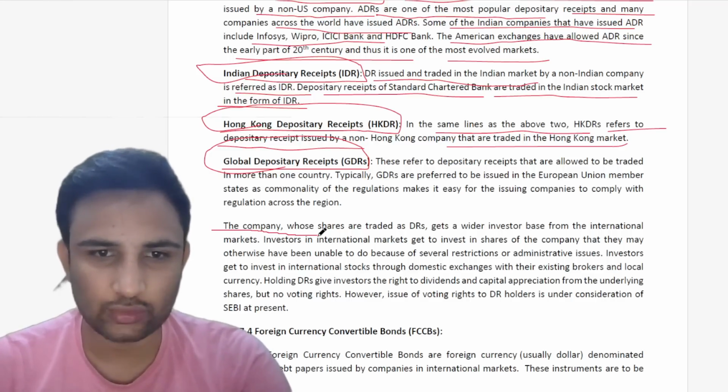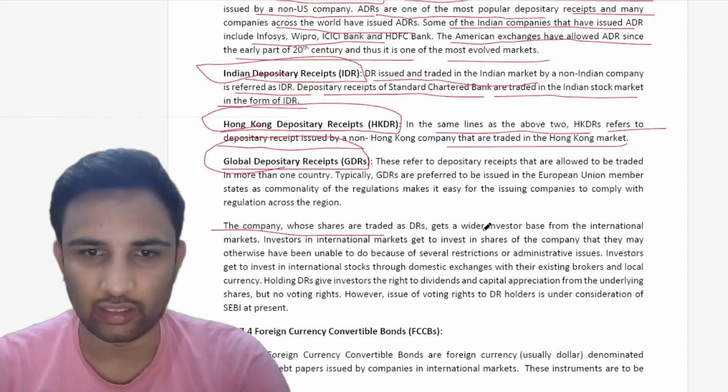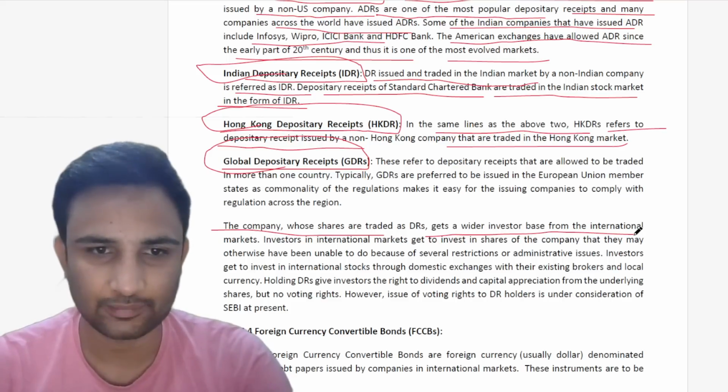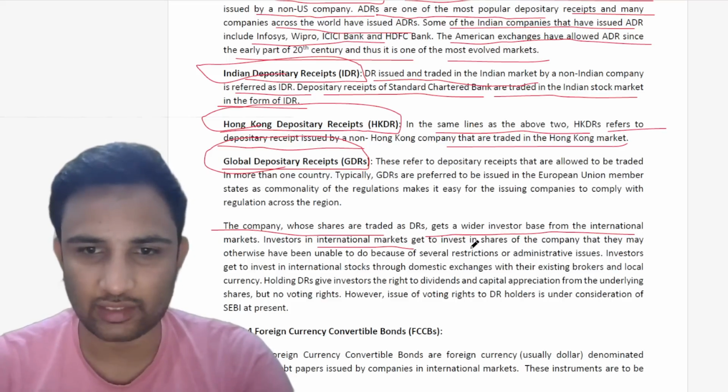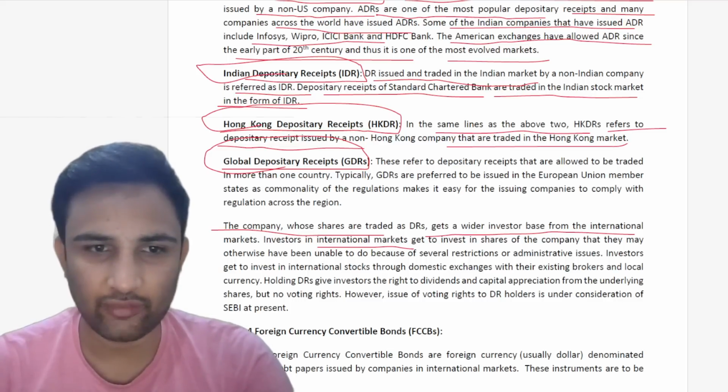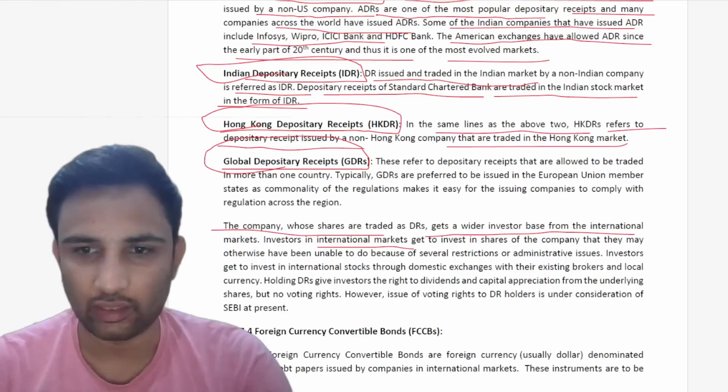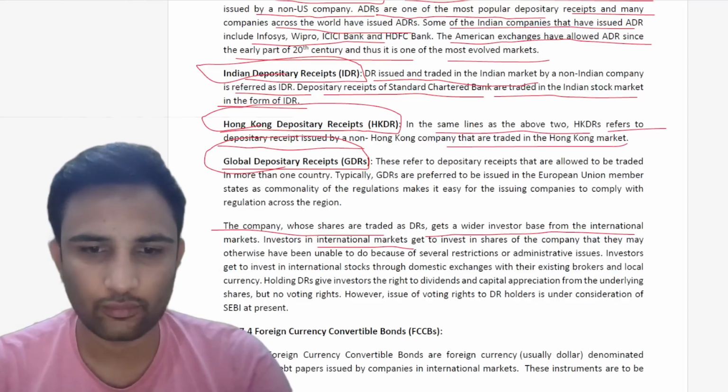The company whose shares are traded as DRs gets a wider investor base from the international markets. Investors in international markets get to invest in shares of the company that they may otherwise have been unable to do because of several restrictions or administrative issues.